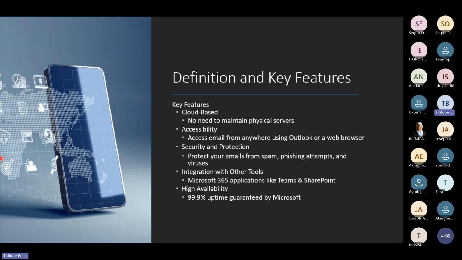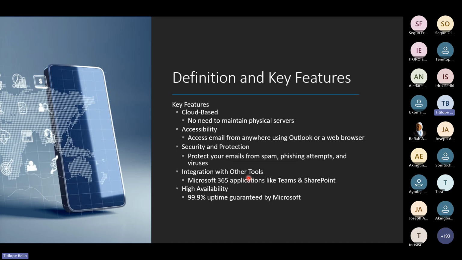Though sometimes you have to add an extra layer of security to help you further protect the information you have in the various mailboxes within your Exchange Online tenant or environment. So please note that it is very, very important for businesses that handle sensitive information to ensure there is security with their messaging platform.